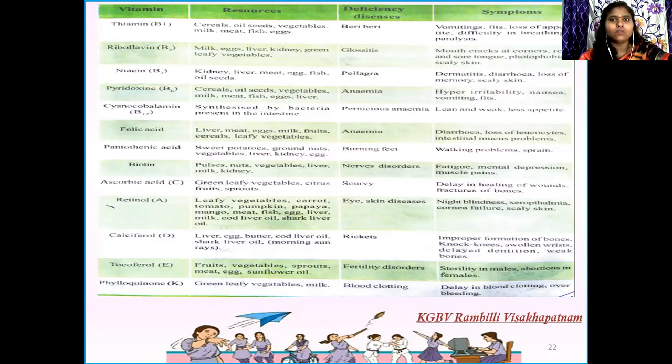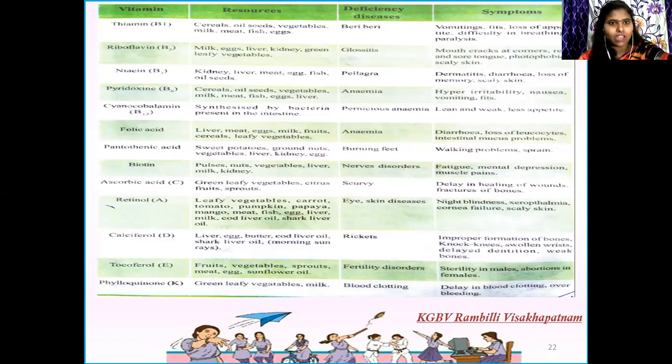Maybe this topic comes for 1 mark or 2 marks. They can ask for half mark also, by asking what is the chemical name of B1, what is the chemical name of D, what is the chemical name of E, like that.